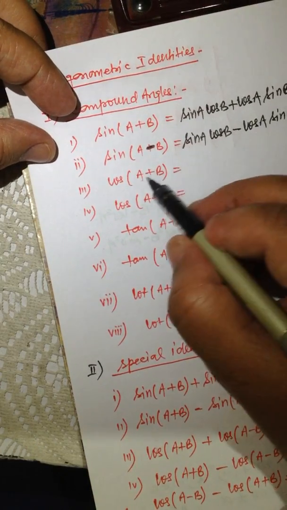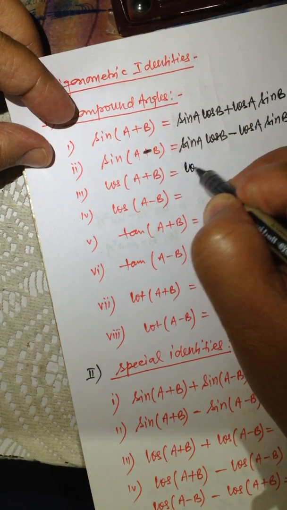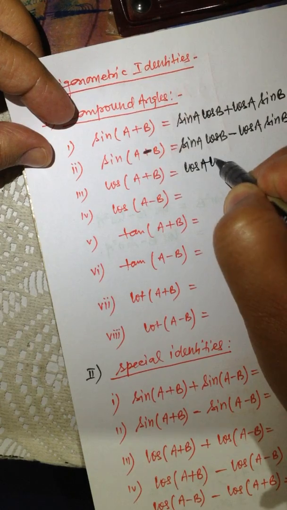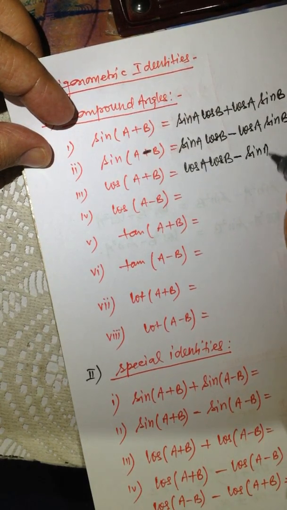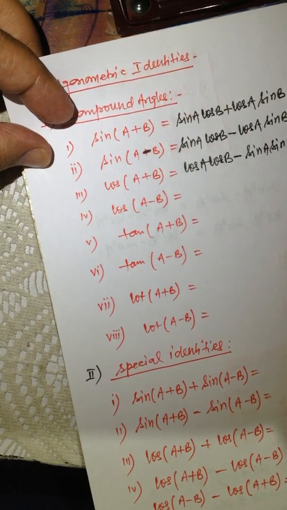Okay, so cos A plus B is cos A cos B minus sin A sin B, right?